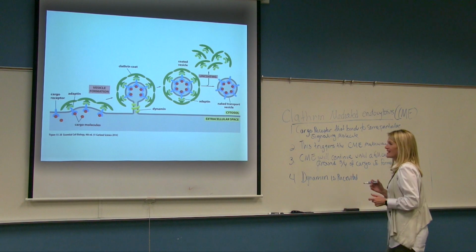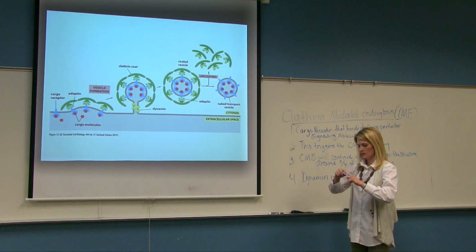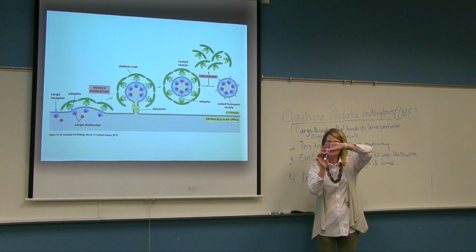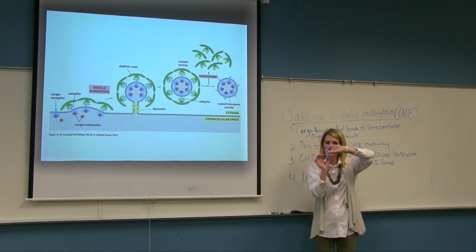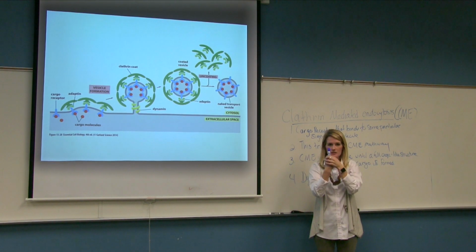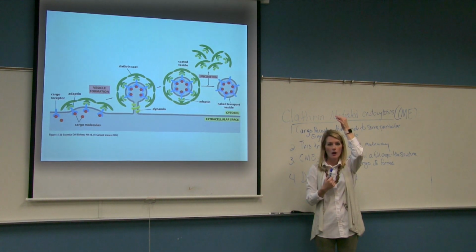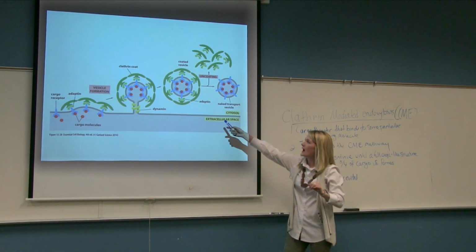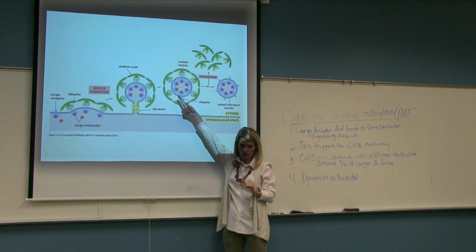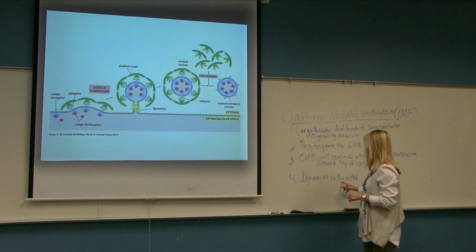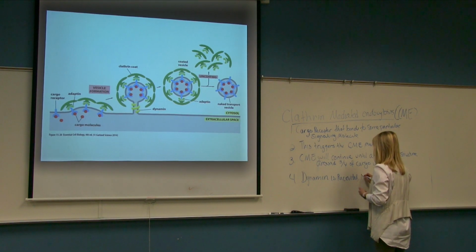What this does is it's literally a twisting mechanism that continues to constrict around and around and around the neck until eventually it pops off the entire endocytic vesicle. So dynamin is recruited.